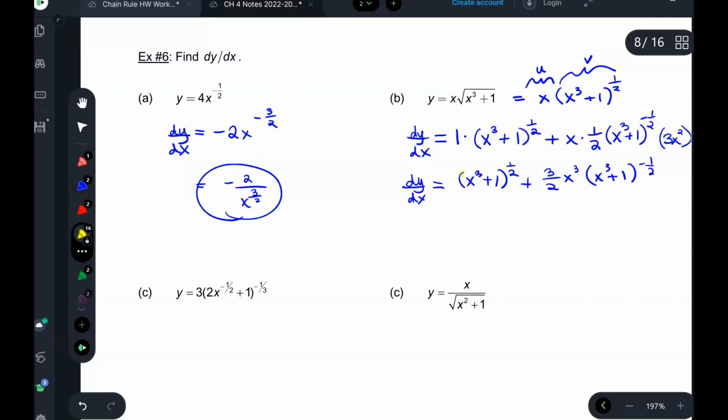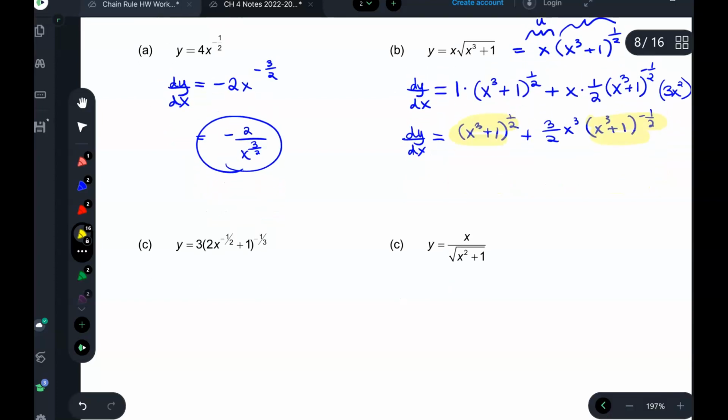So when we're looking at these 2 terms, I'm going to take out the smaller one. I'm going to take out the one with the negative 1/2. So I'm going to take out (x cubed plus 1) to the negative 1/2.